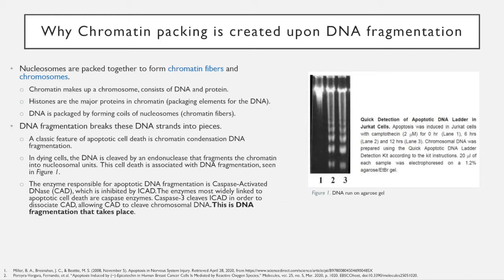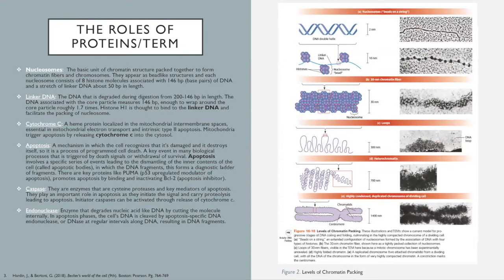Also, the apoptotic population appeared to be derived possibly from G1 and S phase cells, not from G2 or mitosis. This coincides with the cell cycle compartments in which DNA and RNA polymerases function. So, some of the roles of proteins. The nucleosome is the basic unit of chromatin structure, packed together to form the chromatin fibers and chromosomes.